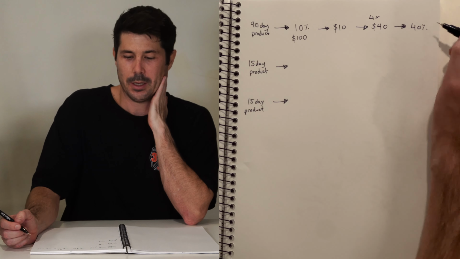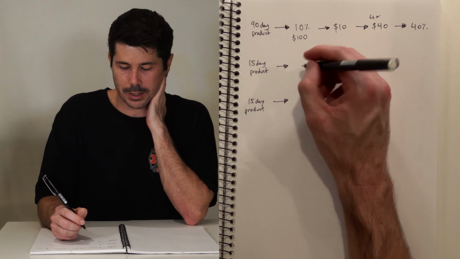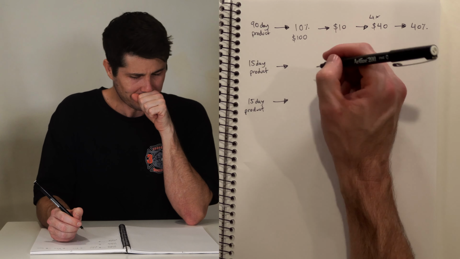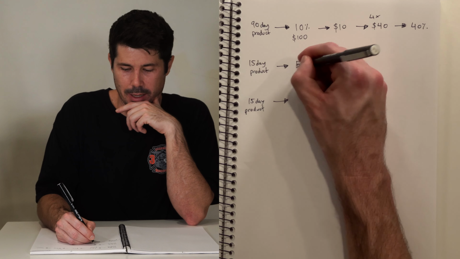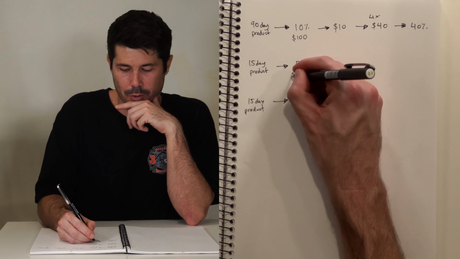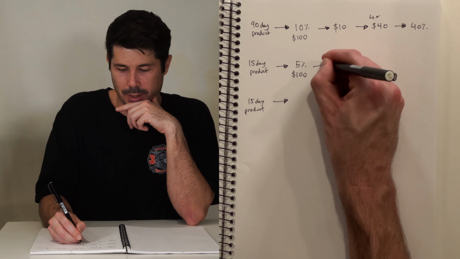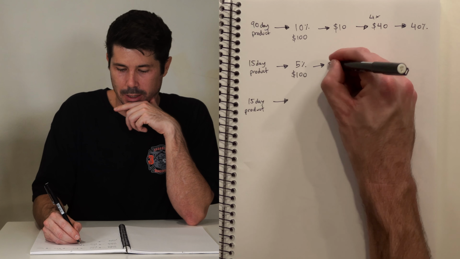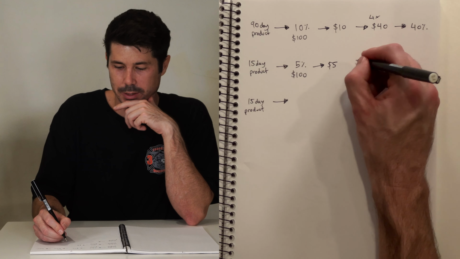Then let's say we've got this 15-day product, and let's say the margin on this is actually worse. And let's say that our net margin here is only 5%, even though the product still sells for $100, right? So this means we're only making $5 net profit when we sell this product.